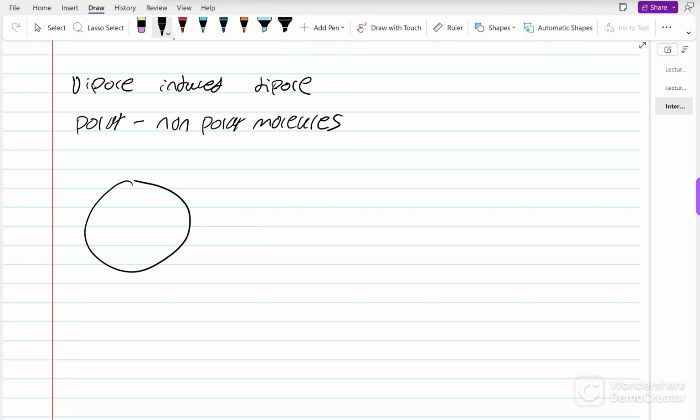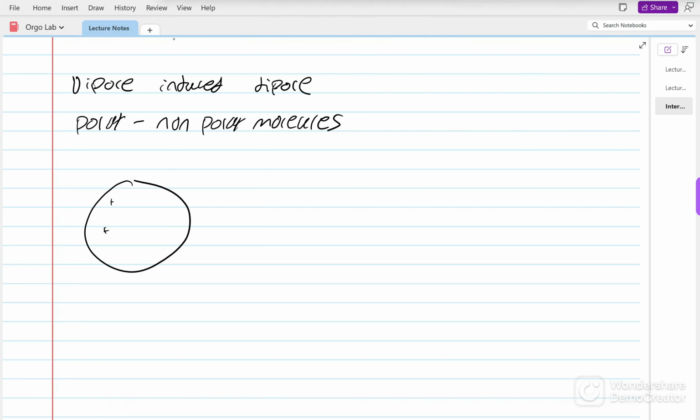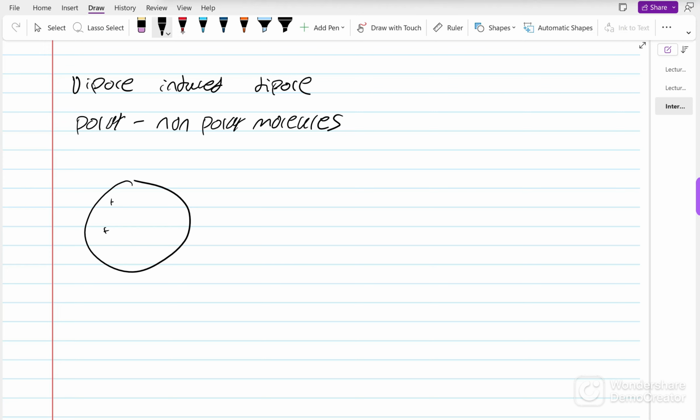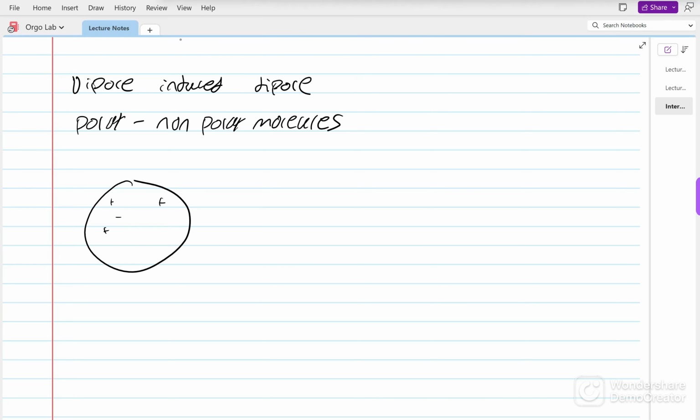Actually, that's not very uniform. Here, I'll just do it like this. Okay, this is going to be our nonpolar molecule, because all the charges kind of cancel out. There's no net charge.